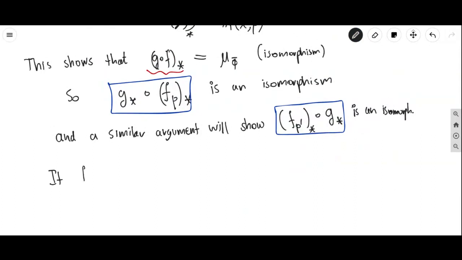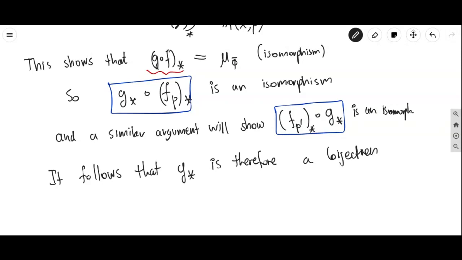It follows that G star is therefore a bijection, and so G star is an isomorphism, because we already know it's a homomorphism, as it's always a homomorphism. You just have to show it's a bijection.